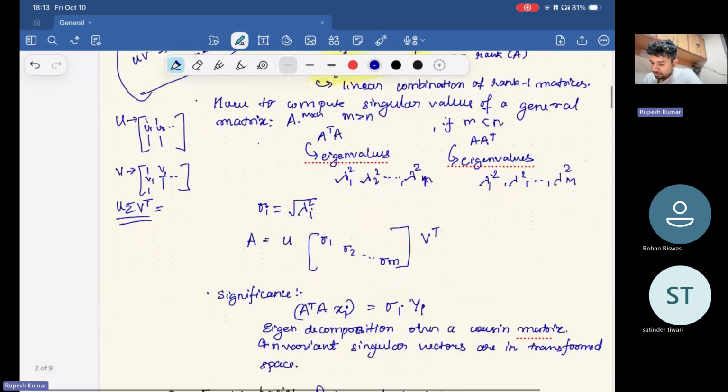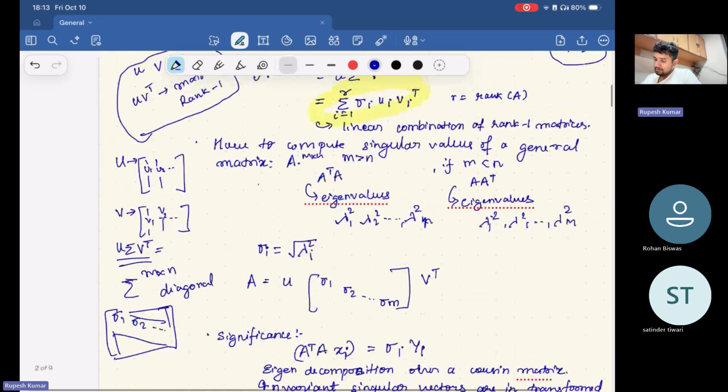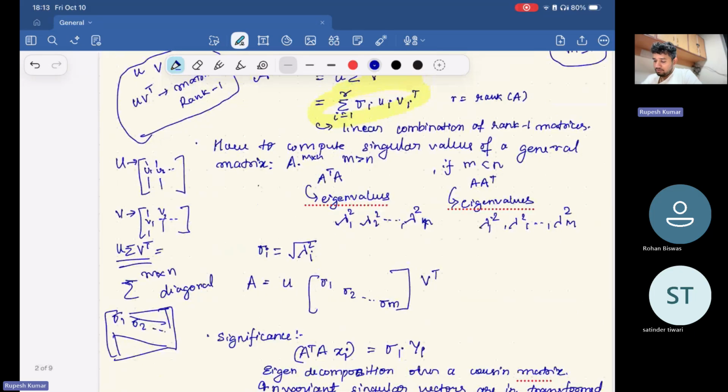Sigma is a diagonal matrix, an M cross N diagonal matrix containing the singular values. Other entries will be 0. It need not be square. It can be rectangular. So sigma always has the dimension of the original matrix itself, right? So these are a few basic definitions for singular value decomposition.